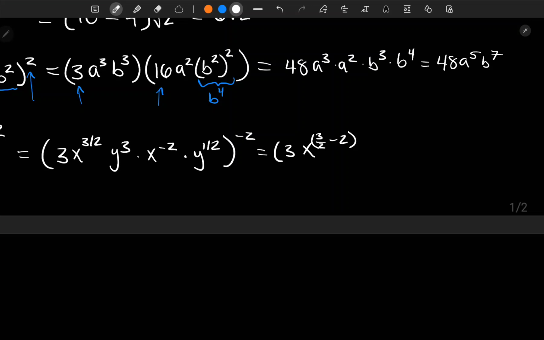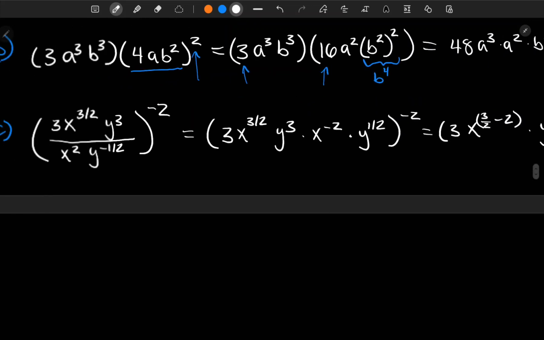So that whole thing is the exponent, times y to the 3 plus 1/2. And this is all being raised to the negative 2 power.